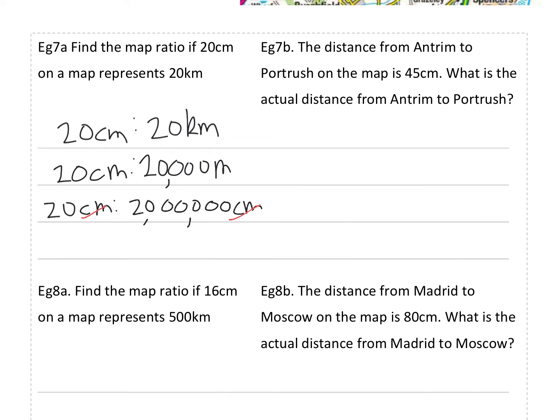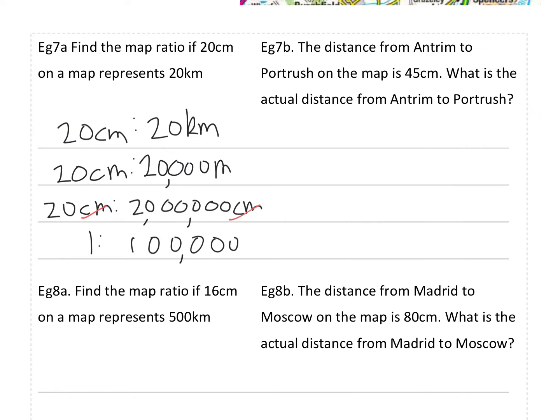You can see a common factor of 20 there, so divide 20 by 20, and you get 1 there, and you get 100,000 there. So we end up with 20 centimeters to 20 kilometers is the same as 1 to 100,000. So everything in real life is 100,000 times bigger than it will be on the map.